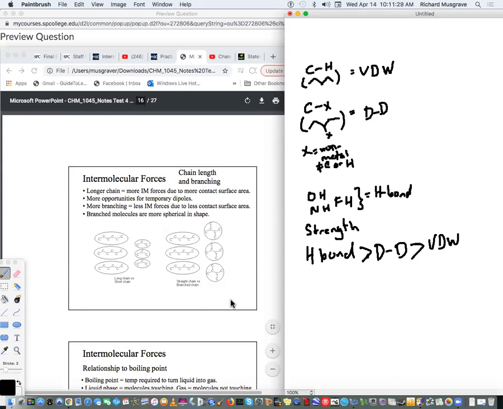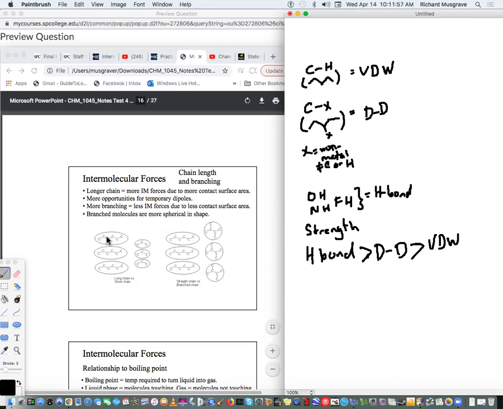Okay. The other things that also affect intermolecular forces are going to be the chain length and branching of the chain. So let's talk first of all about chain length. That's probably the easiest one to talk about. If you've got a carbon chain that's long versus one that's short, I think it's pretty easy to see that when you've got the long chain carbon, there's more opportunities for surface contact because the chain is longer.